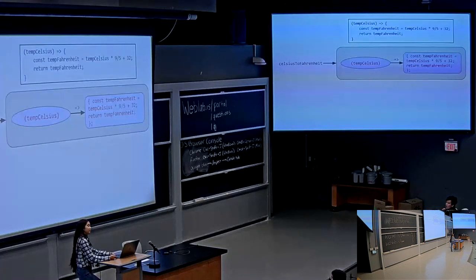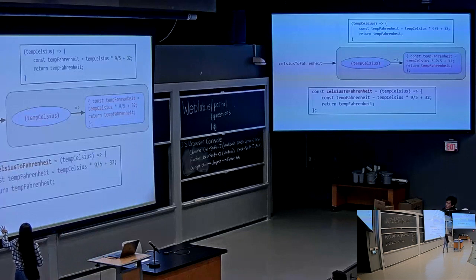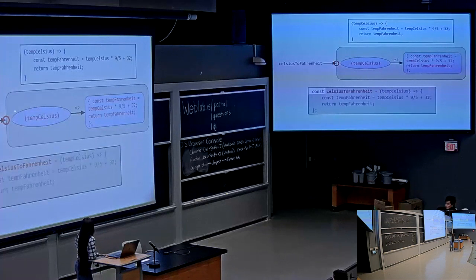And the way that we add a name to our functions in JavaScript is literally with a variable. So we have this variable celsiusToFahrenheit, and we're making it point to the location in memory where we stored this function. You'll notice if you look at the syntax that it is entirely equivalent to any other variable definition that we've done. So we do const because we don't want this to change.